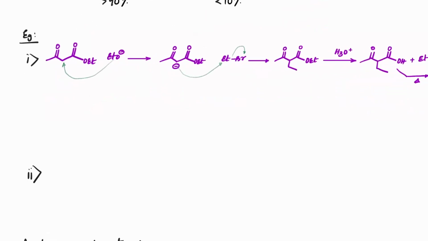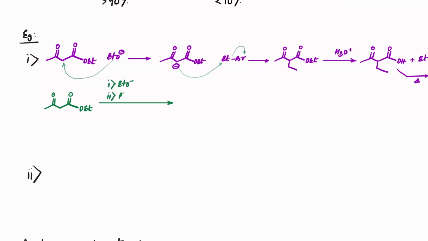Same question. See, if I use the same reactant again, like this: double bond O, double bond O, OEt. Sometimes it will be mentioned on one arrow like this: first EtO minus.